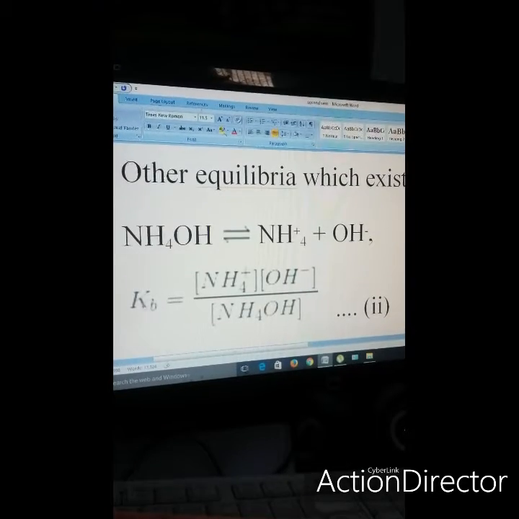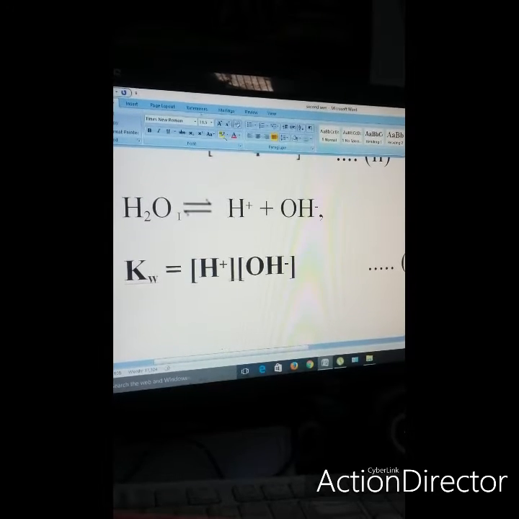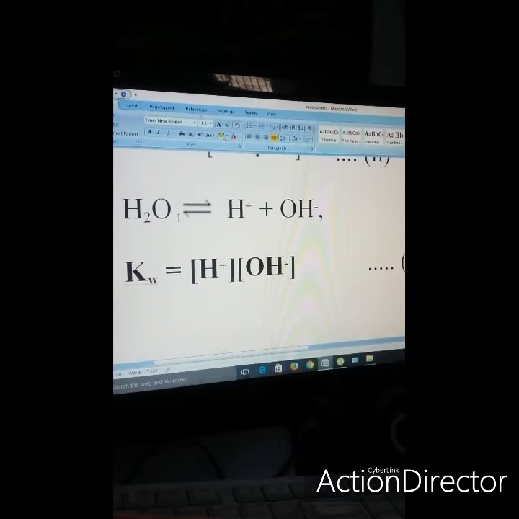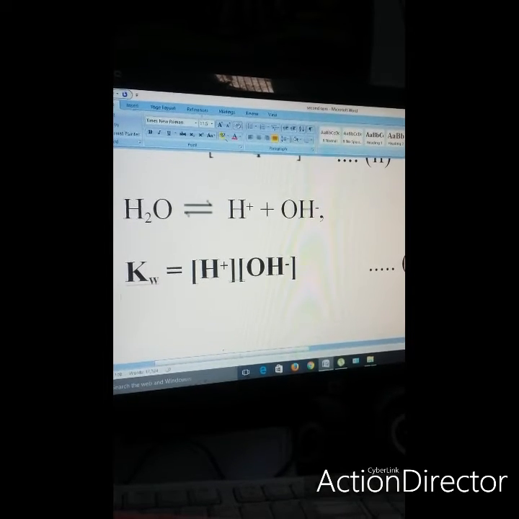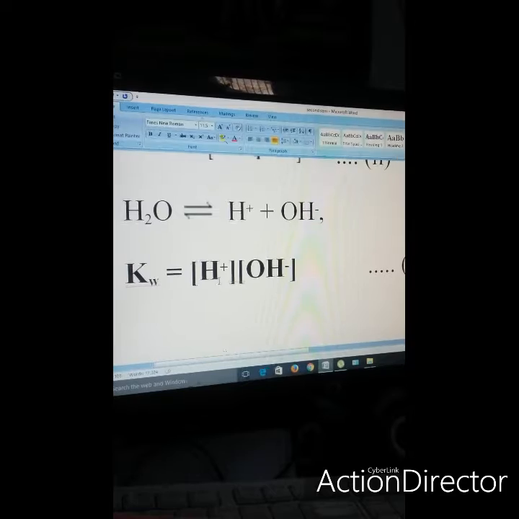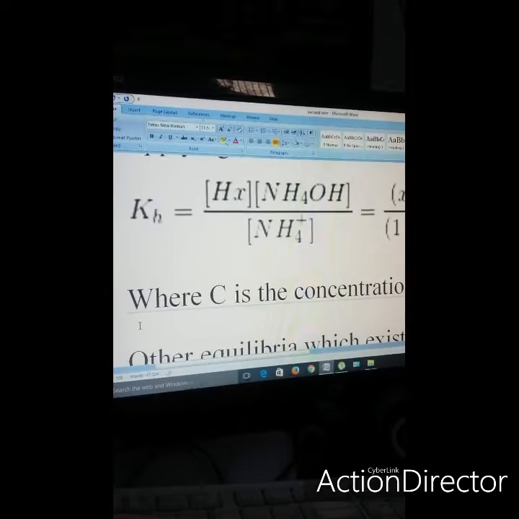So this was the dissociation constant value for ammonium hydroxide, that is the concentration of the product upon the reactant, and this was the dissociation constant for water. In the case of water, we have taken K into water as Kw, so we are left here with H plus and OH ion concentration. So we'll take the ratio of Kw and Kb.